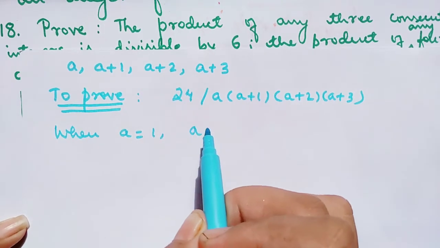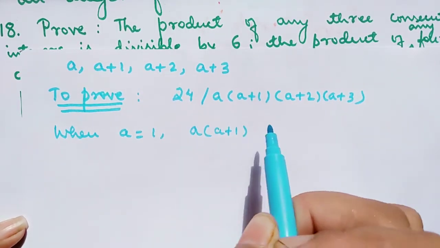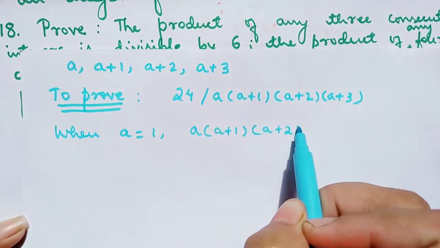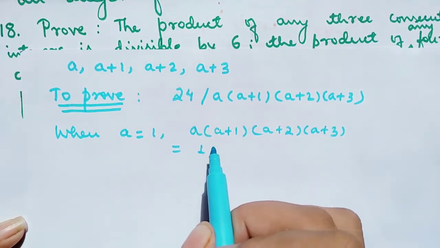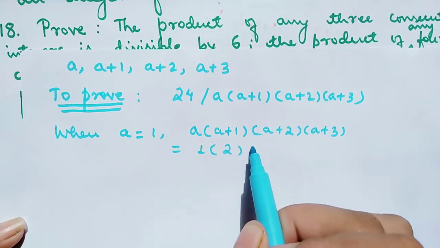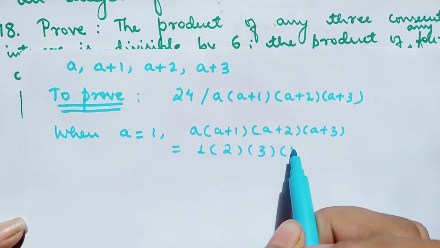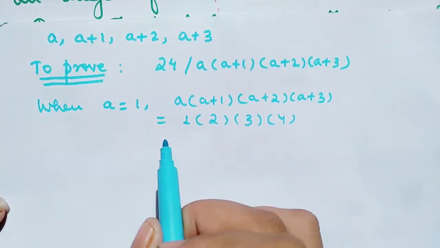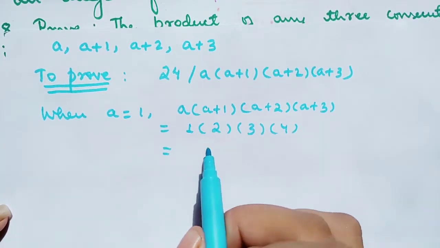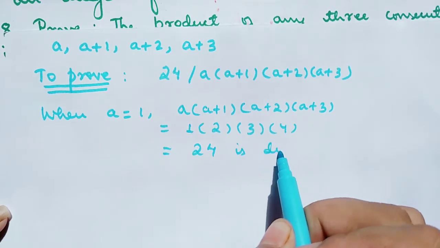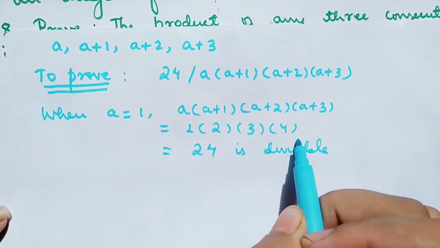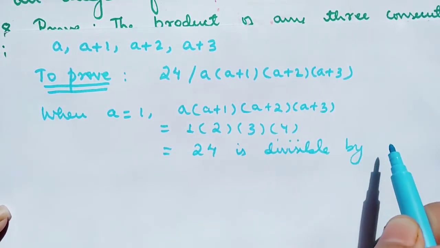then we have a into a plus 1 into a plus 2 into a plus 3 equal to 1 into 2 into 3 into 4 when a is 1. This is 24, and 24 is divisible by 24.